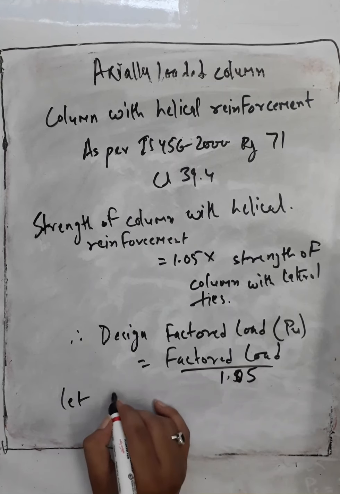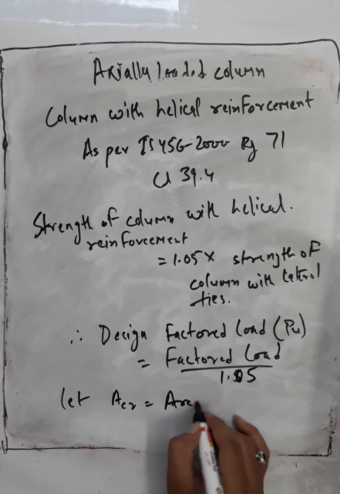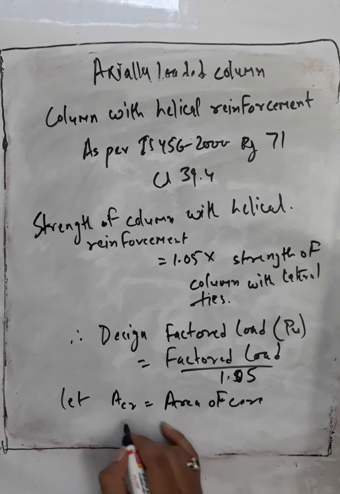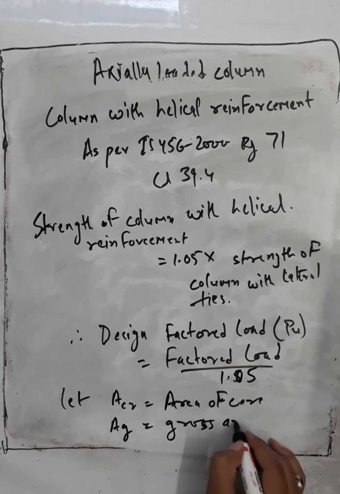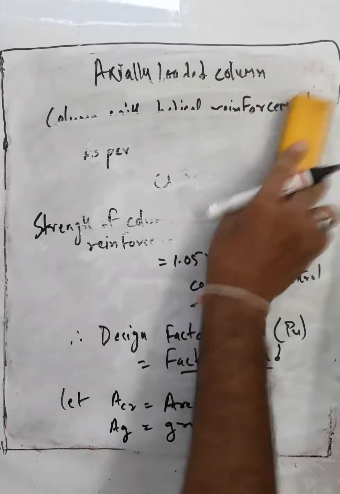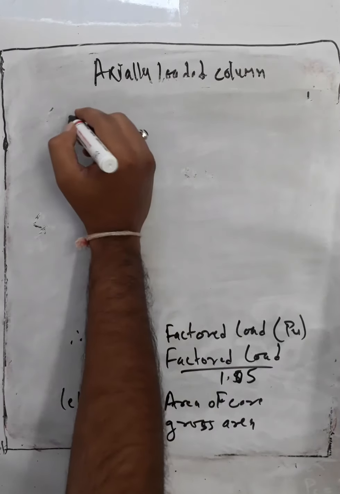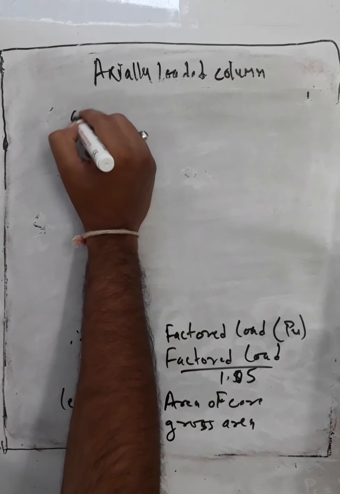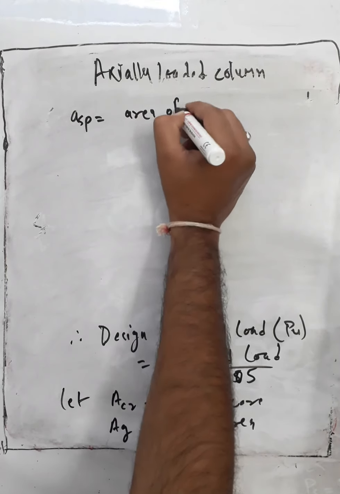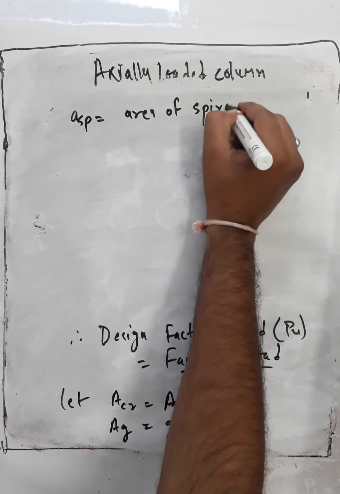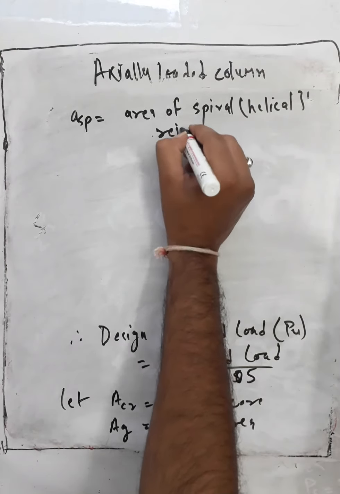Let ACR be the area of core, AG the gross area, and small ASP the area of spiral reinforcement.